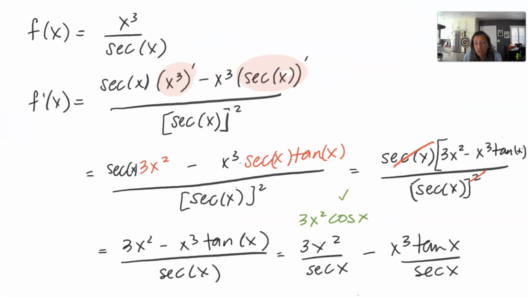The other one, I got the x cubed, but I don't have the sine of x. But then I remember, let me try rewriting tangent as sine x over cosine x, and secant as 1 over cosine x. Then I could either multiply the numerator and denominator by cosine x over cosine x, or do my fraction division, multiplying by that reciprocal, and then the cosines cancel. Either way, I should be able to prove to myself that tangent divided by secant is sine of x.